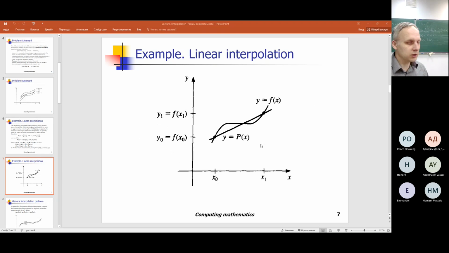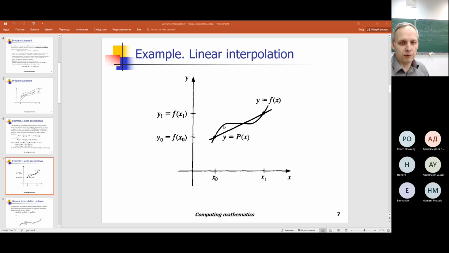The picture that illustrates this statement is here on the slide. We have the point x0, y0. We have the point x1, y1.